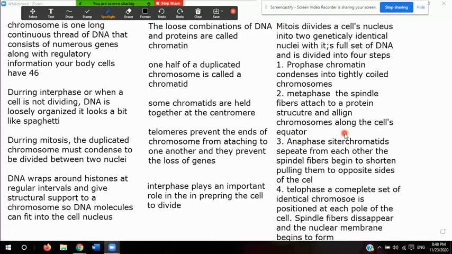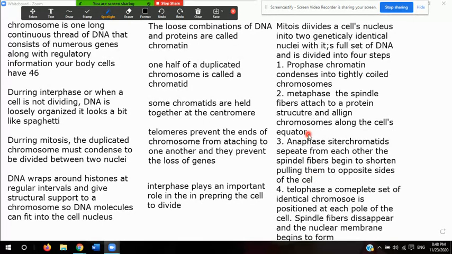So basically what's happening in metaphase is that those spindle fibers attaching to the chromosomes are pulling them to the cell's equator, which is the center of the cell. In anaphase, sister chromatids separate from each other as the spindle fibers shorten, pulling them to opposite sides of the cell.